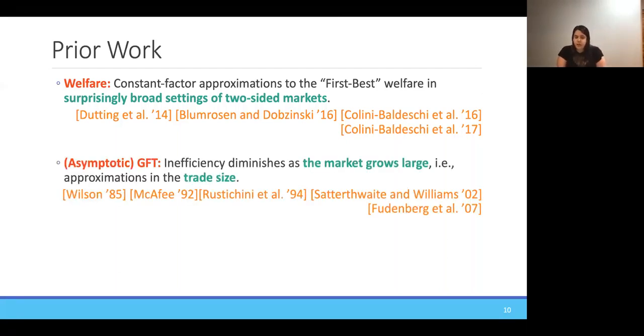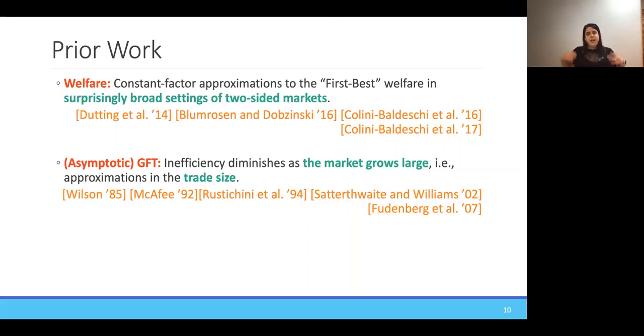As for gains from trade, most of our results, I think this is missing quite a few. There's been a lot in AAAI recently, are in the trade size. So most of our results are in the optimal number of agents that trade, and then we talk about what if that number grows large. So they're asymptotic results. They're not worst case results for the exact number of agents in our market right now.